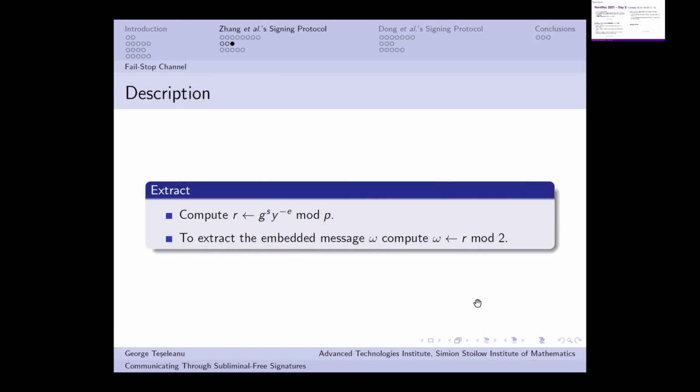That's all. Now, R can be easily recovered from the public data. S and E are public, and Y is the public key of the signer. So we can easily recover R, and if we can recover R, then we can compute R mod 2 to extract our message.